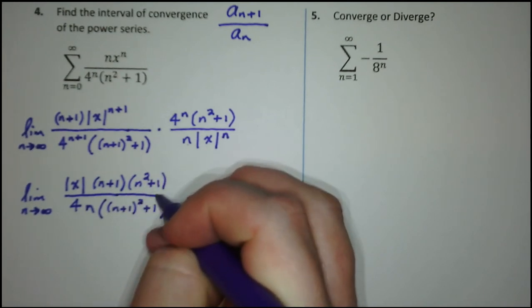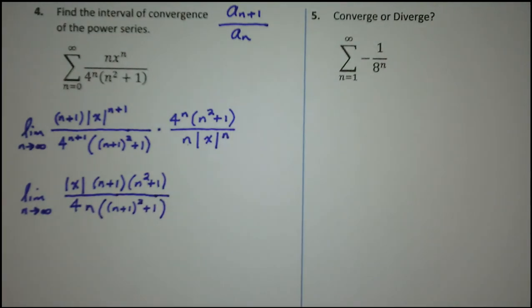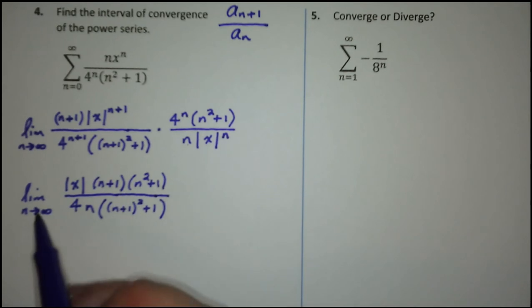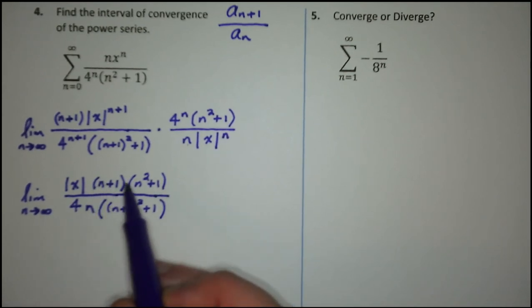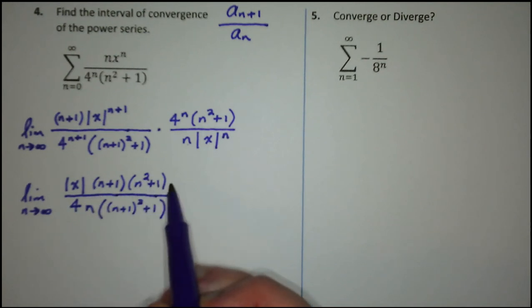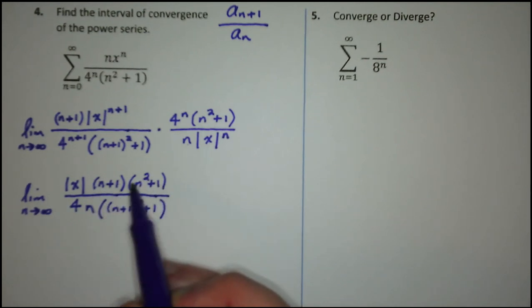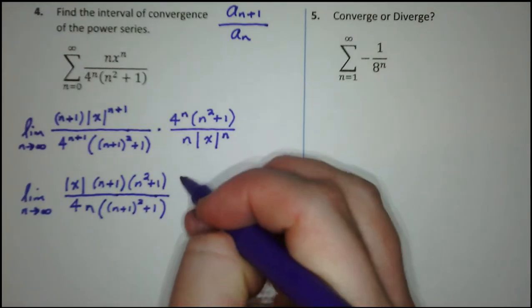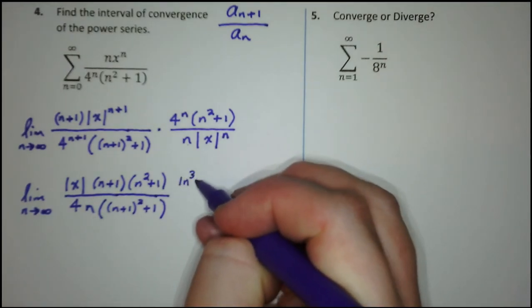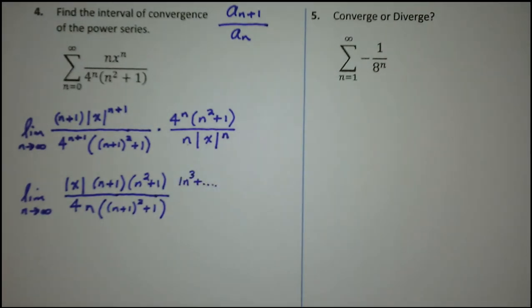Now I know this looks nasty, but overall, we're actually going to let n approach infinity. Up top, if you were to FOIL all that together, ultimately you're just going to end up with 1 n cubed plus, yada yada yada.